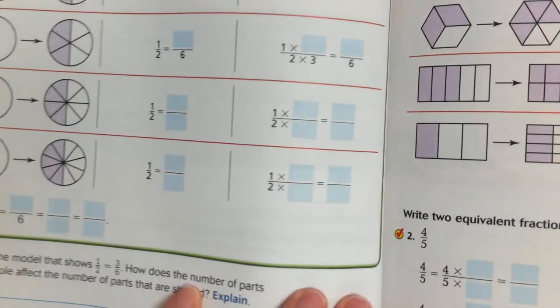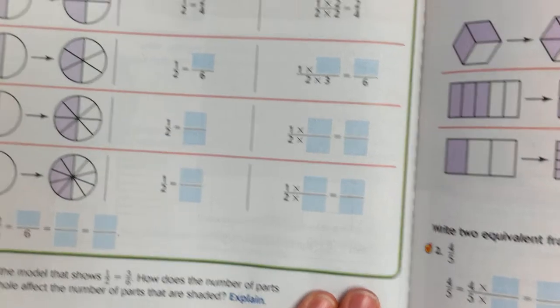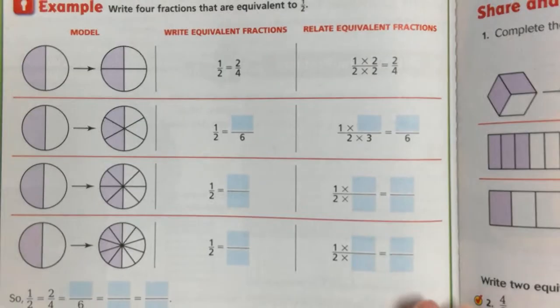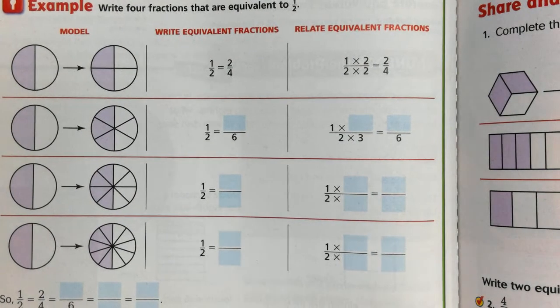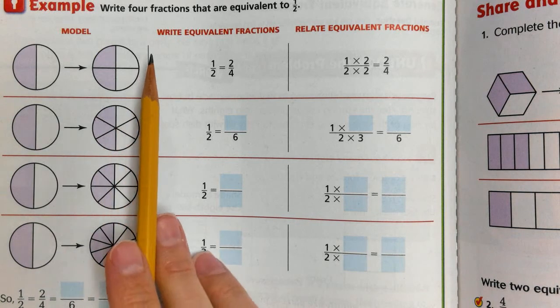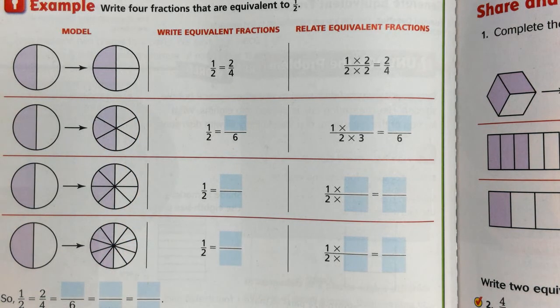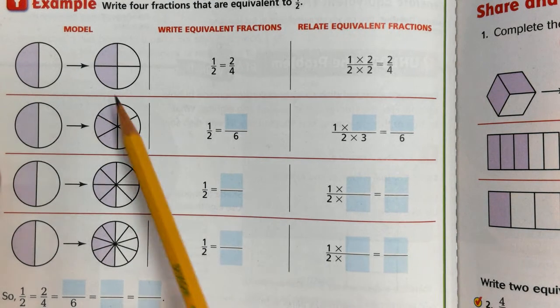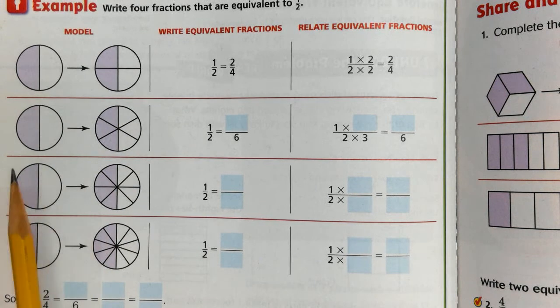All right, so let's look here. Here it asks me to write 4 fractions that are equivalent to 1/2. Now, I can do that several ways. And in essence, they kind of did with this circle what we did with our piece of paper.